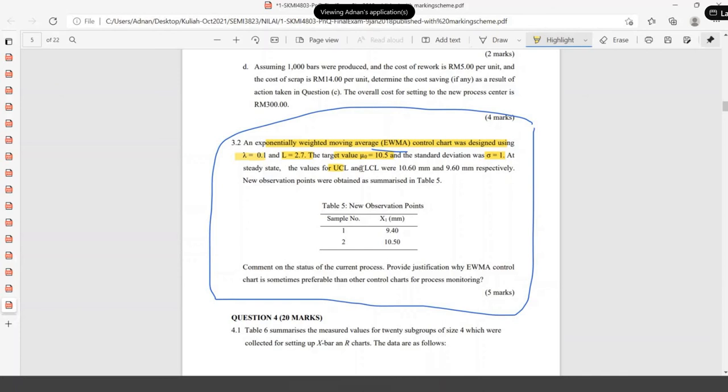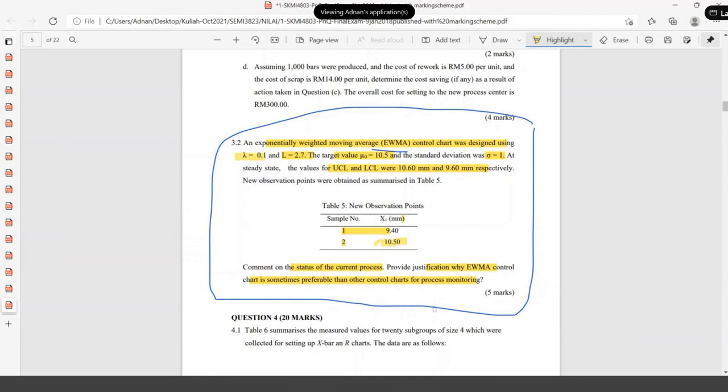The values for upper control limit and lower control limit are already given. New observation, okay, already given here. Jadi soalan ini dah simplified lah. Comment on the status of the current process. Provide justification why EWMA control chart is sometimes preferable to other control charts for process monitoring.